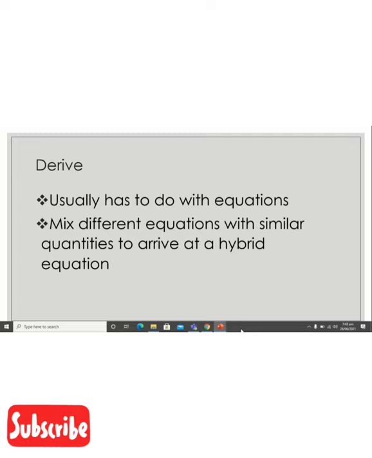So they may give a question where they give you certain quantities, but they give you information to find those quantities or find other quantities, but you have to use other equations, put them together, find the answer to a certain quantity, then plug it into a new equation. Okay, so that's a derivation.